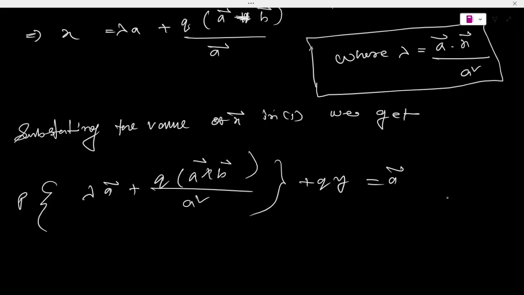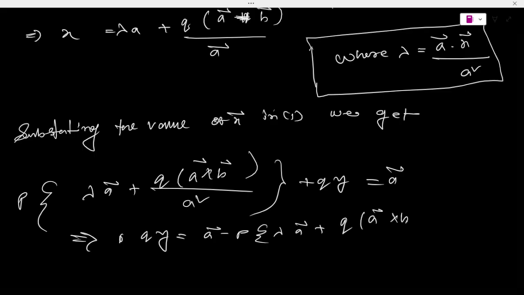So from this point we'll get this, okay, remember that. So after the substituting of this point, what you will get, you will get q y is equal to a vector minus of rho lambda a plus q into a vector cross of b vector divided by a square.